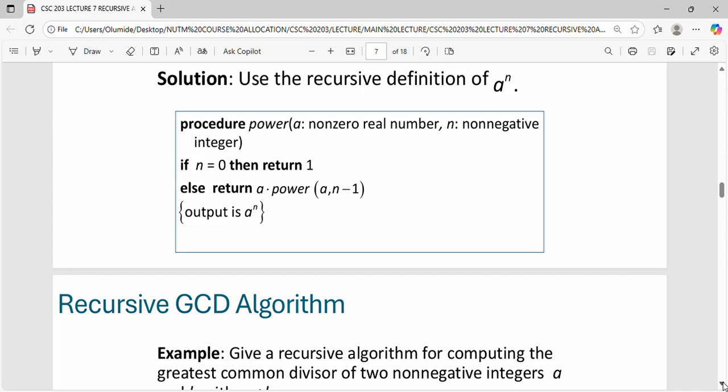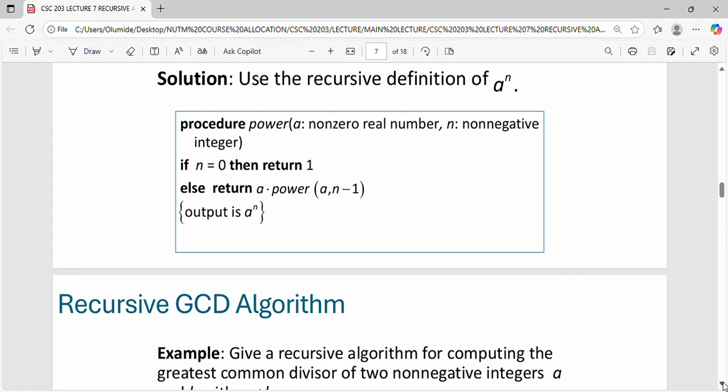But let's see how this translates. The first thing we do is the procedure: we have power, that is power a, where a is a non-zero real number, n is non-negative. If n is equal to 0, then we return 1. Depending on the program we are running, if you are running this in Python, for instance, say if n is equal to 0, you put a colon there, then return 1.